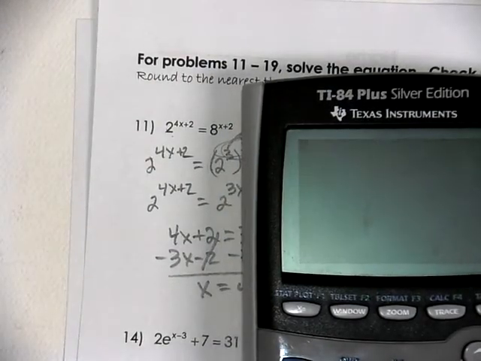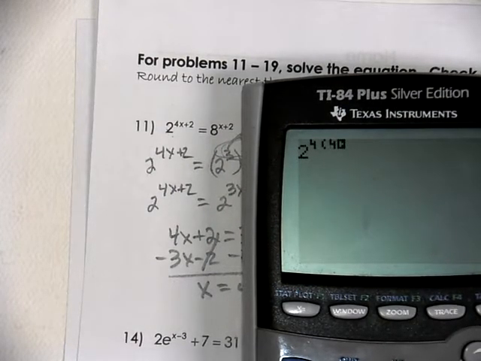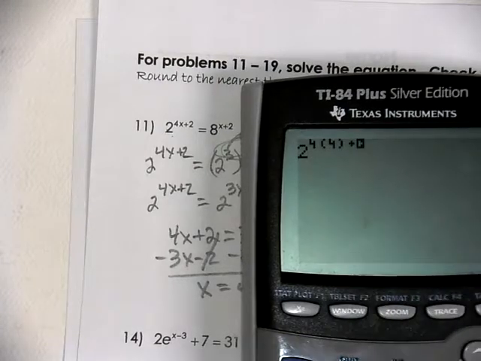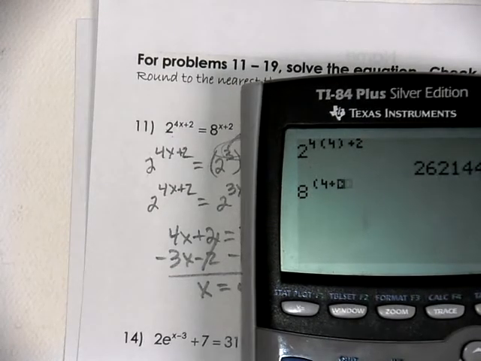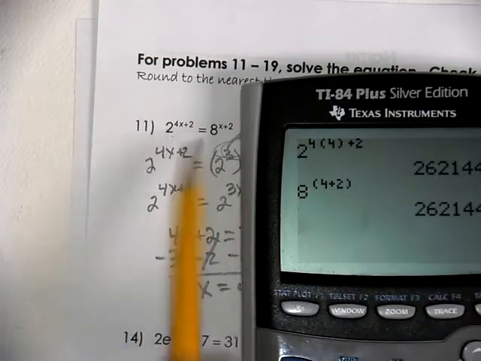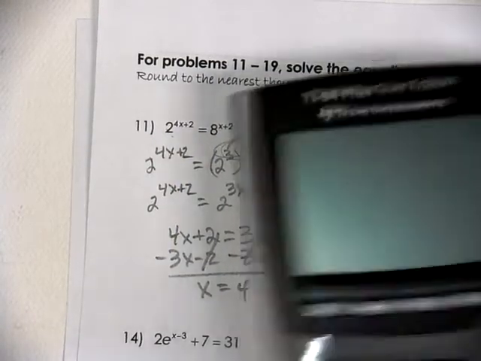Not sure you'll have a calculator for the test, but you'll definitely have a calculator for your homework. Get some crazy number like that. And you'll see that both results were the exact same.